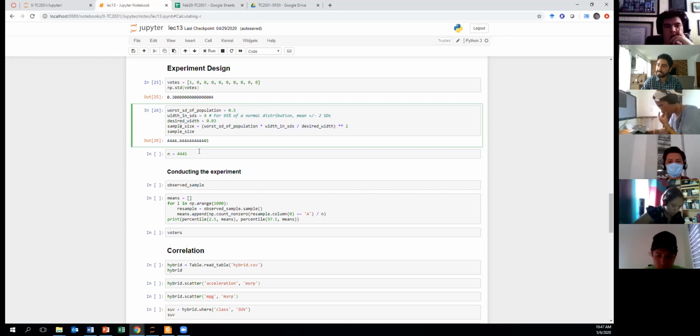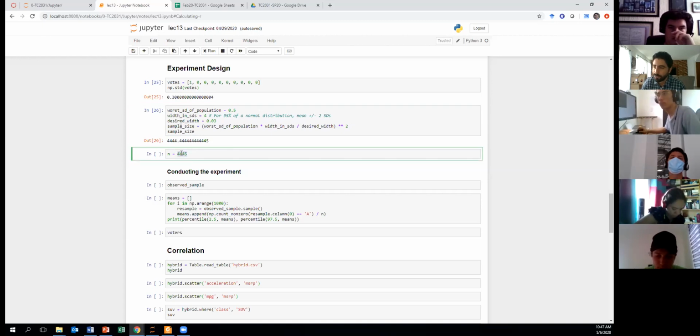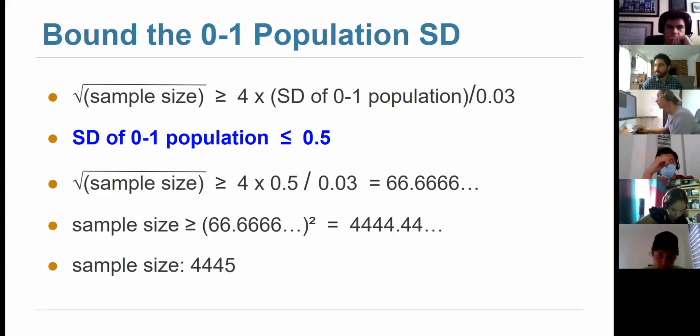I end up with 4,444, or I can round it to 4,445. So with this number, I should definitely get a 95% confidence interval with less than 3% width, right? Okay, thanks.